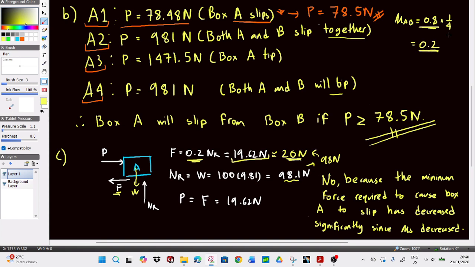So because your coefficient of static friction decreased to one fourth, the force required to push the box initially, 78.48, is now reduced by one fourth. So it actually becomes much easier for box A to be moved.